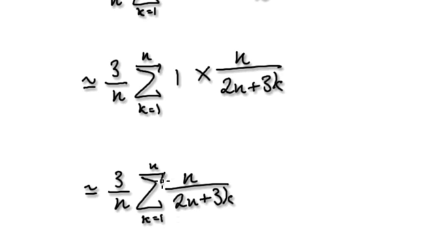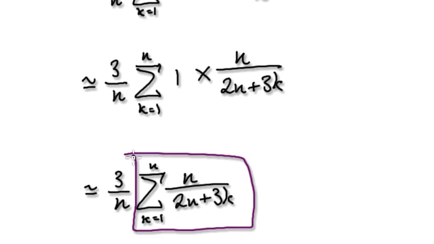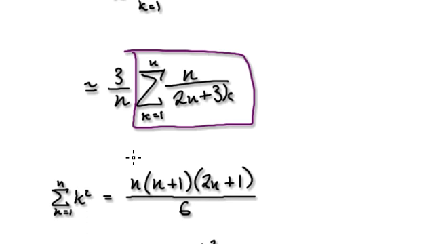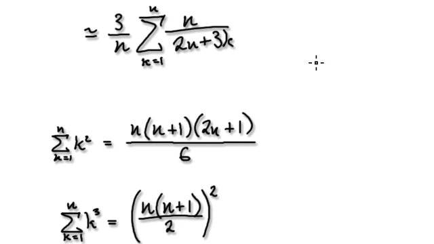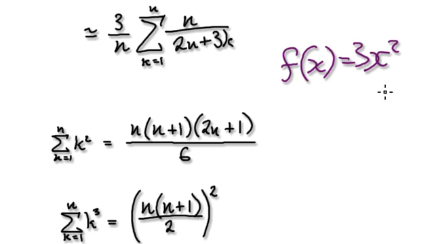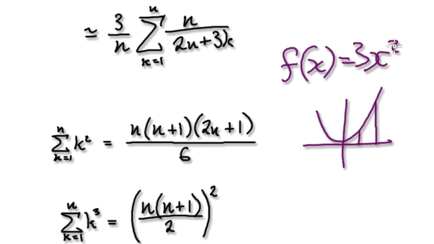Hopefully this is a bit where you're stuck, because now you've got to sum up this whole thing. You see, in the past, when we were trying to work out, let's say, f of x equals 3x squared, the area underneath the quadratic, we could work this out because we would isolate the k squared here.